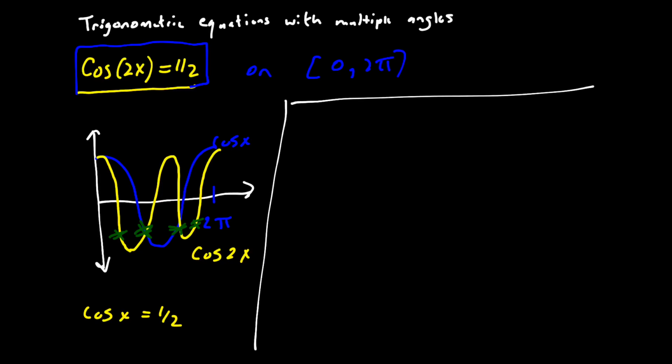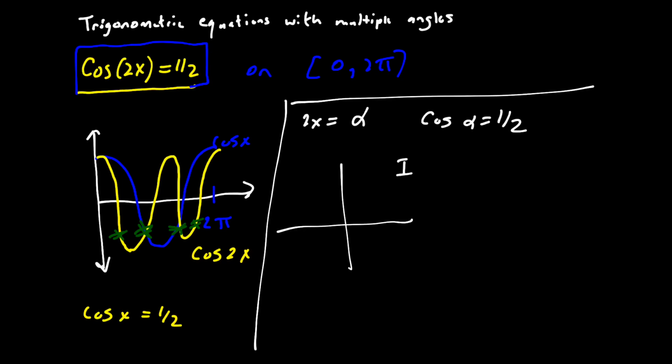To find all solutions to this equation, we'll first set our 2x equal to some alpha. And then we'll find a solution for cosine of alpha is equal to 1/2. We know that cosine is going to be positive in the first quadrant and the fourth quadrant.